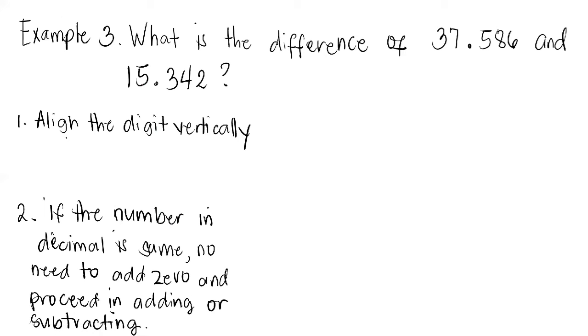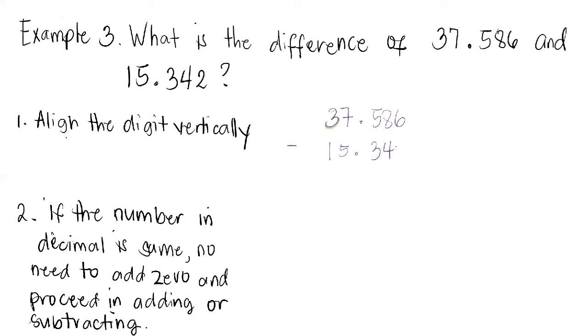Okay? So the first thing is we are going to align the digits vertically, as well as our decimal point. So let's write our given vertically. Let's change the color so it would be more visible. 37.586 thousandths subtracted by 15.342 thousandths.